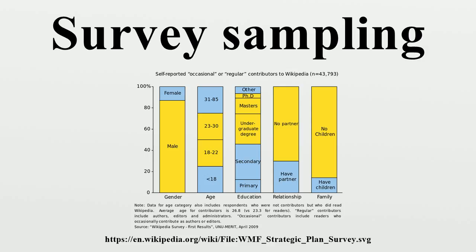Quota samples. The sample is designed to include a designated number of people with certain specified characteristics. For example, 100 coffee drinkers. This type of sampling is common in non-probability market research surveys. Convenience samples. The sample is composed of whatever persons can be most easily accessed to fill out the survey.